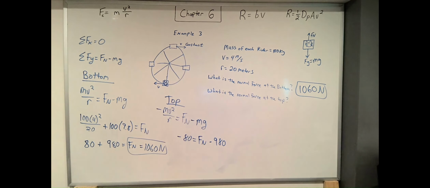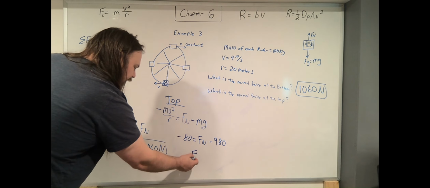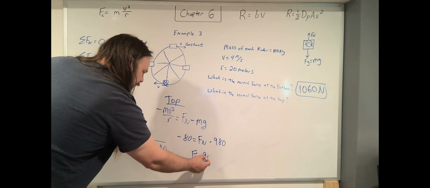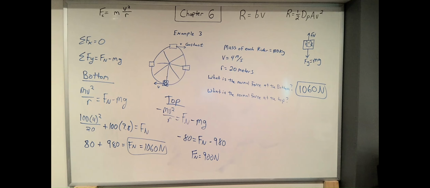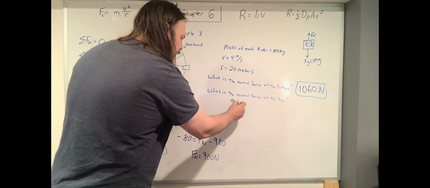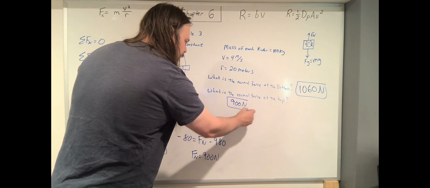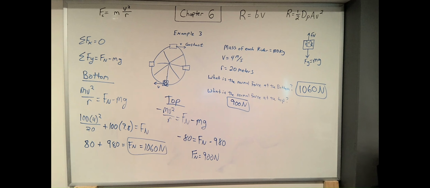Okay, if we bring that over to the other side, we'll have negative 80 plus 980, and now the normal force is what? Now it's only 900 newtons. Okay, the negative sign really changes the problem up. So at the top, it's 900 newtons.